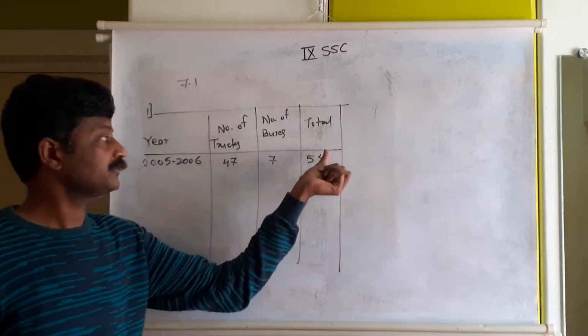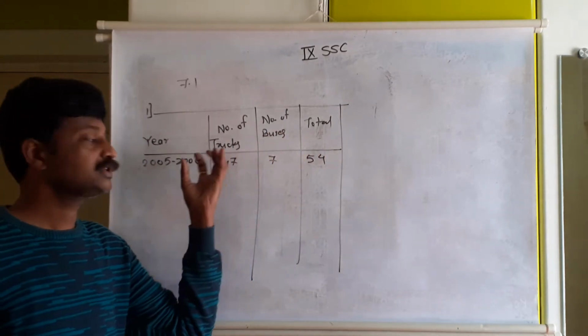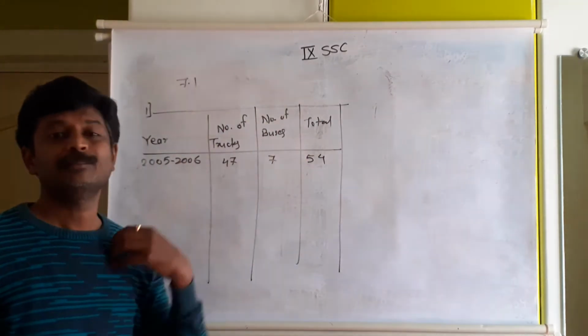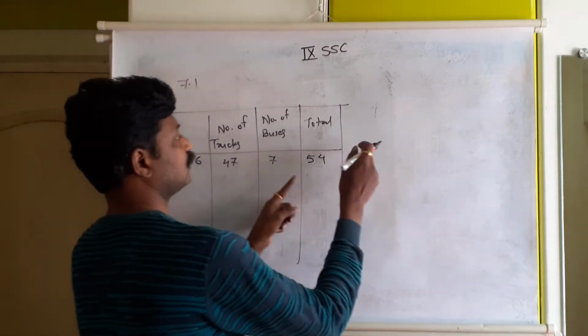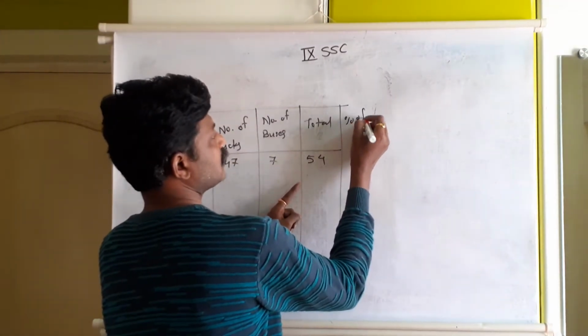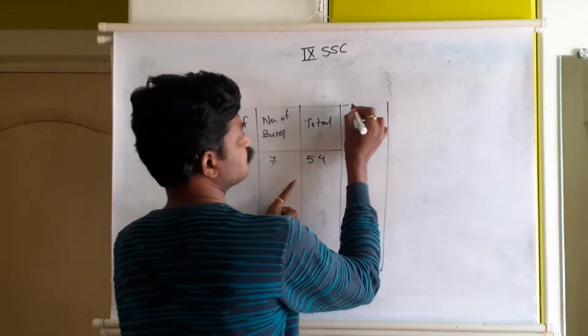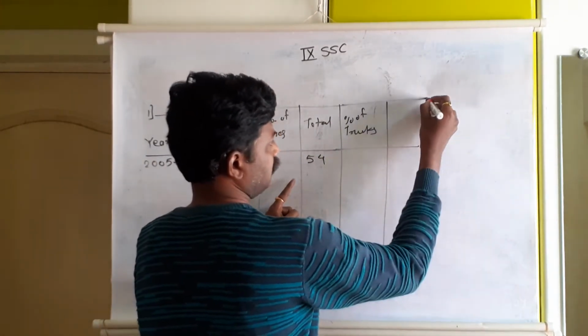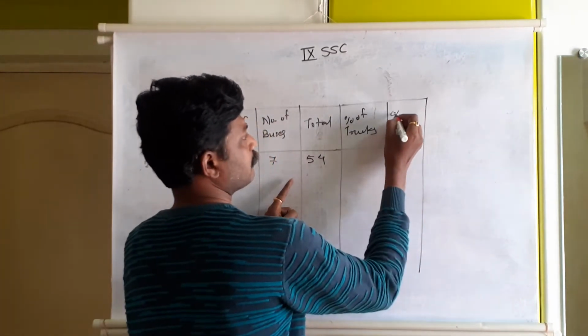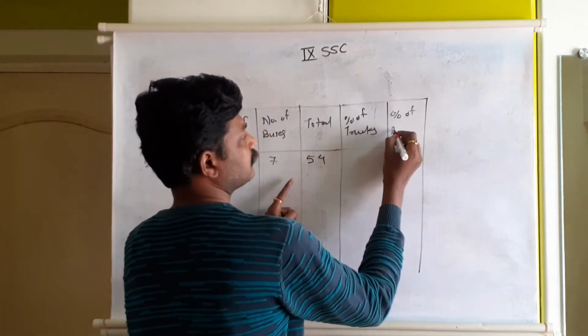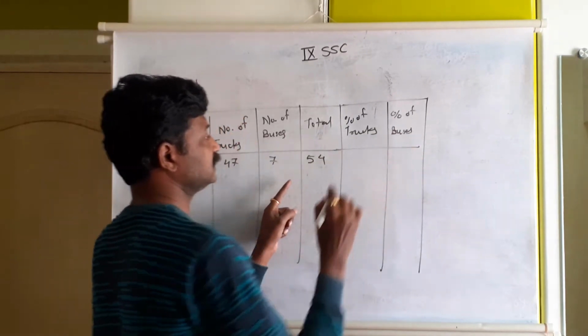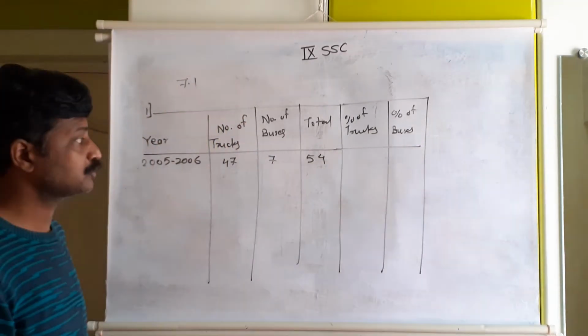So if out of 54, 47 are trucks, we need to convert this information into percentage. So the percentage of trucks, and then the percentage of buses will come in the last column. So how to solve it?